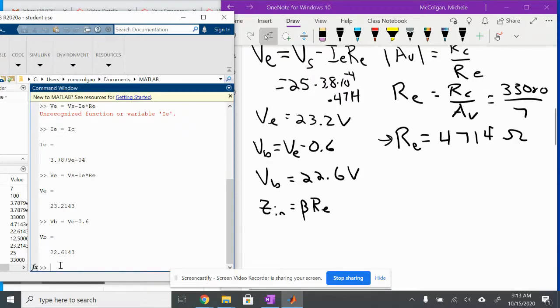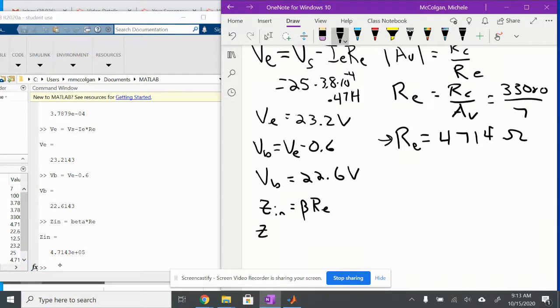So let's just do this. Z in is equal to beta times RE. And we get Z in is equal to 471. So yeah, 471K for Z in.